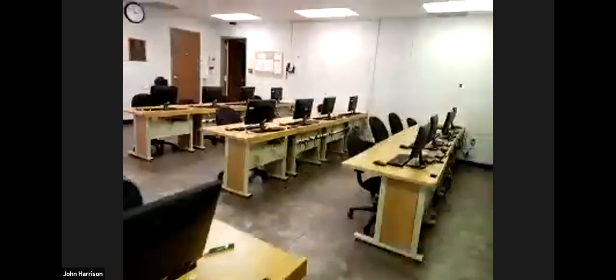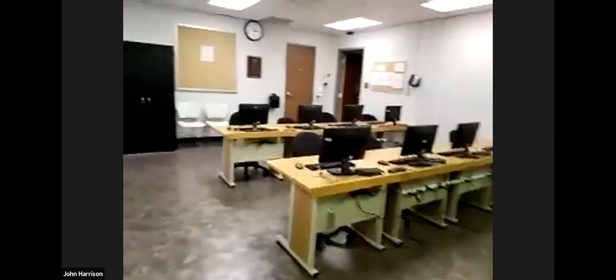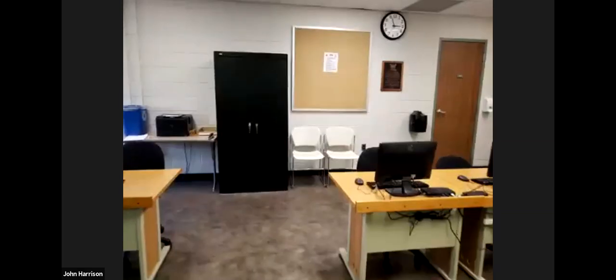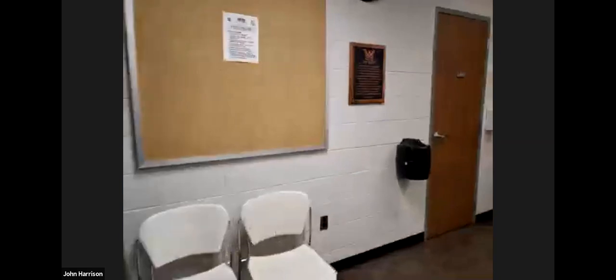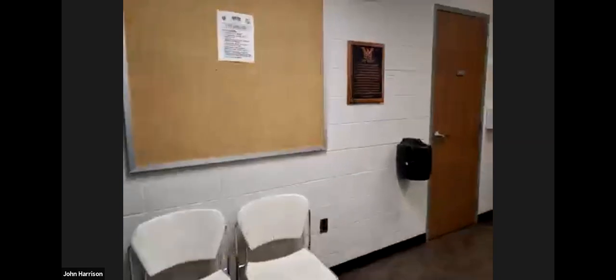Let me show you that in this original lab, there's a little plaque. This lab was dedicated originally by a member of the Wilkes alumni, back in 1995.